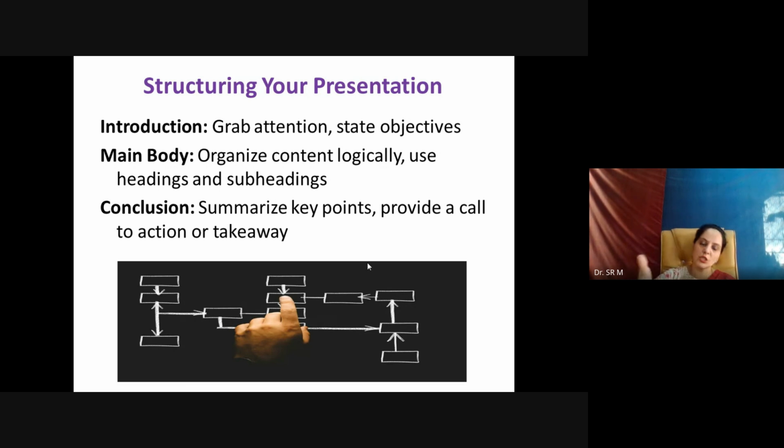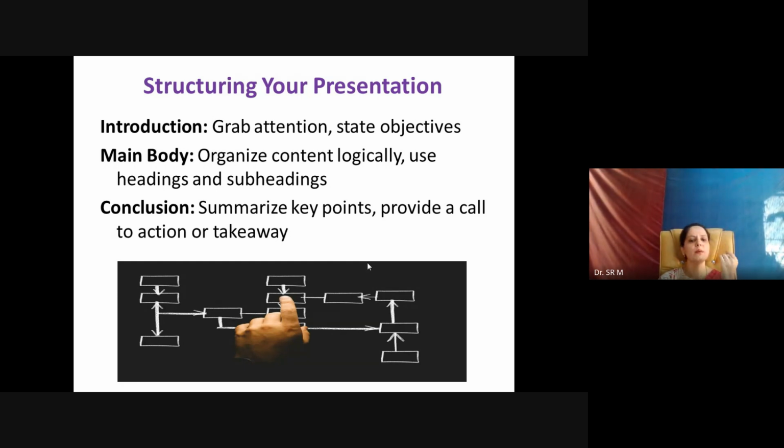Continuing with the previous example, you can say, today we will talk about solar energy benefits and how we can use it more. If I tell this in the beginning itself, it helps set expectations and creates a sense of purpose, and we know the direction.